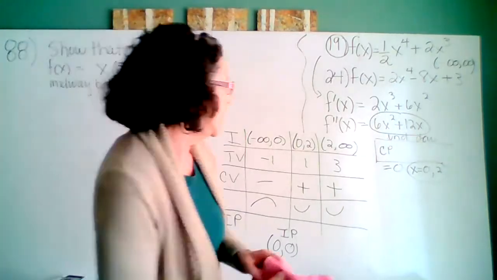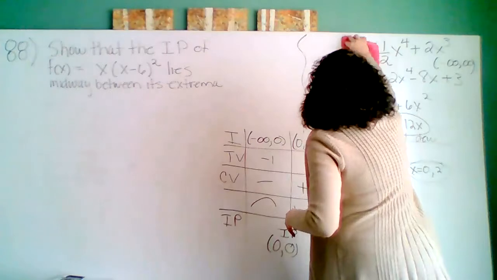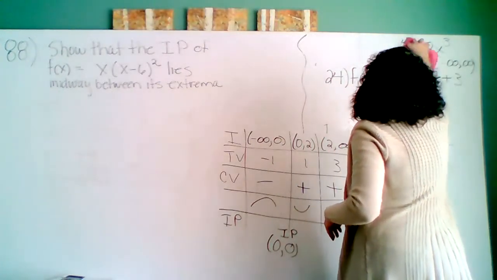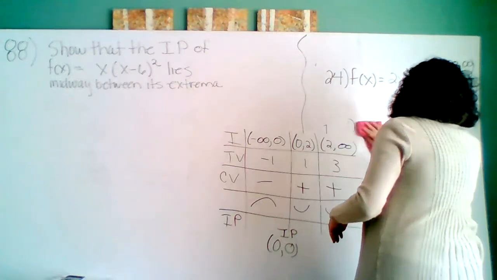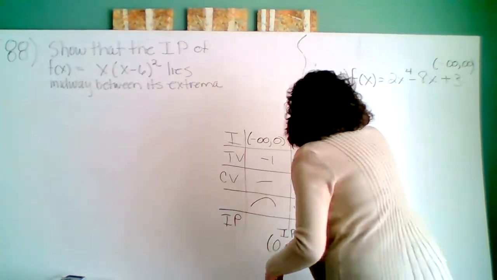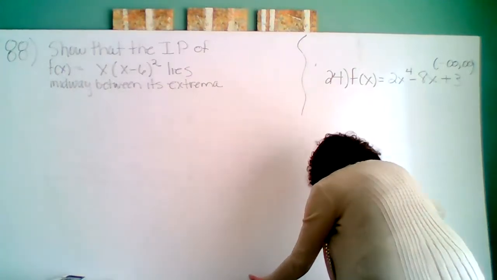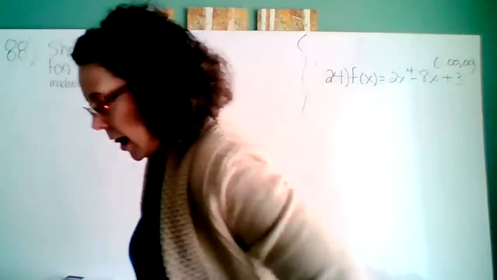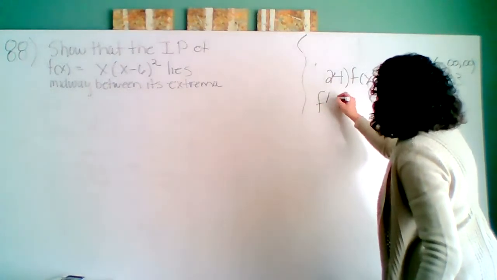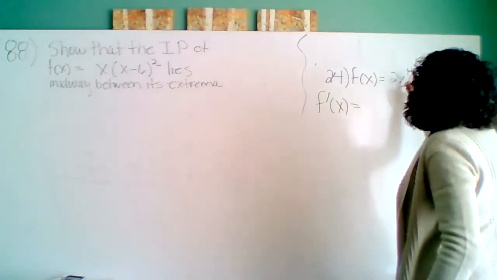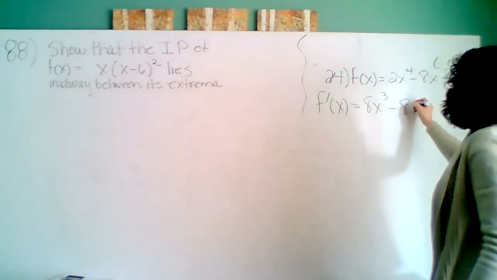We are doing the same thing with 24. So we'll get rid of 19. All right, let's take a look here. First derivative, that would be 8x cubed minus 8.